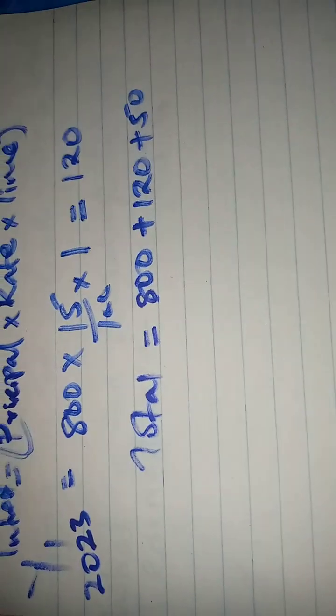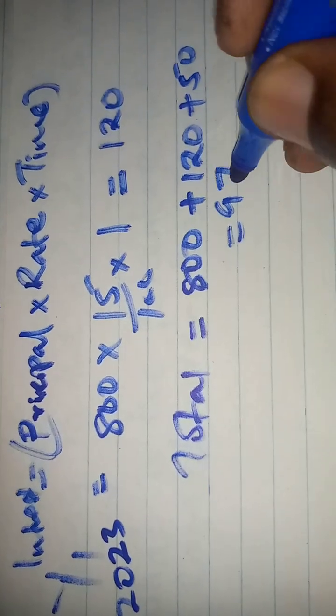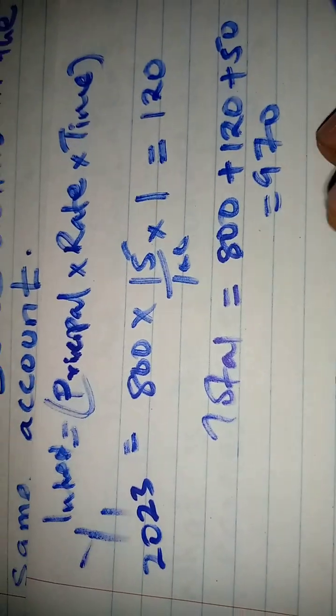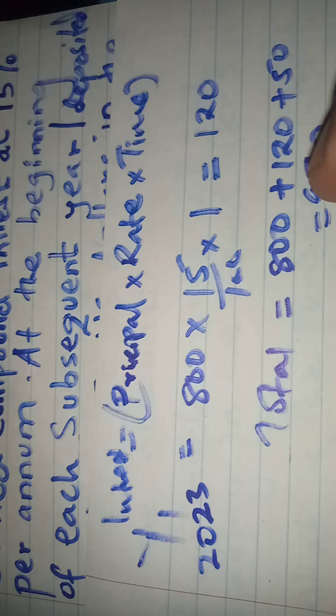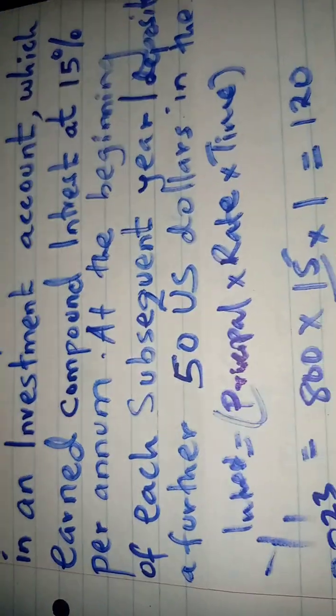So that gives me a total of $970 at the end of year 1. So this is the amount that is going to be my principal in year 2. Remember, I'm going up to 5 years.